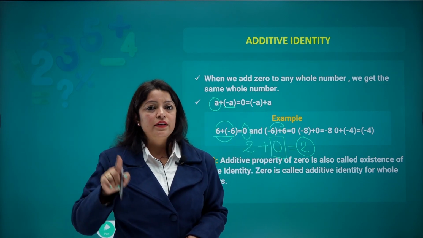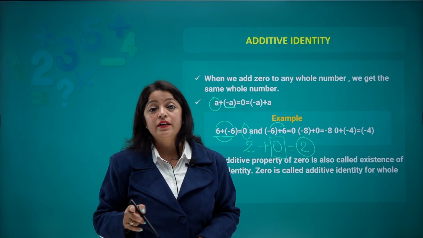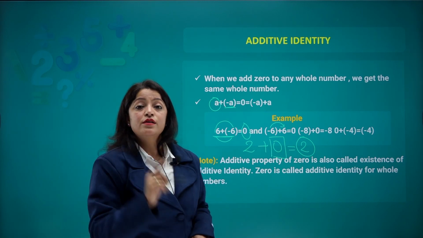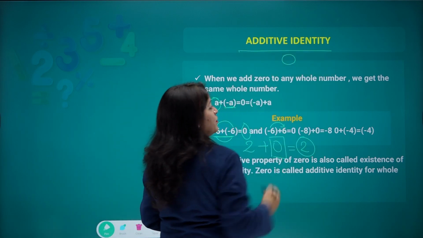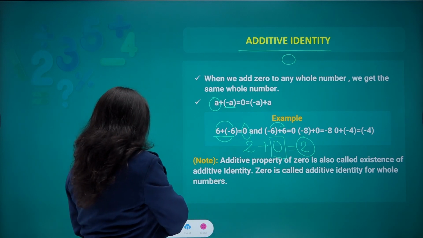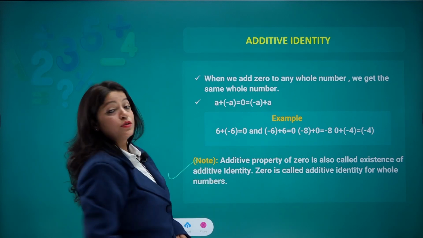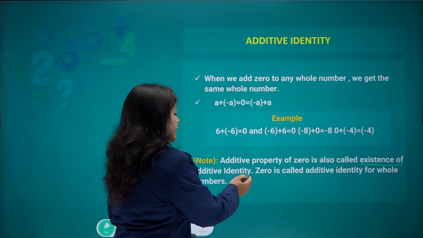And when I add a number and its additive inverse, I should get an additive identity, that is 0. So when I am talking about additive identity, that means I am talking about the number 0. So we can say the additive property of 0 is also called the existence of additive identity.